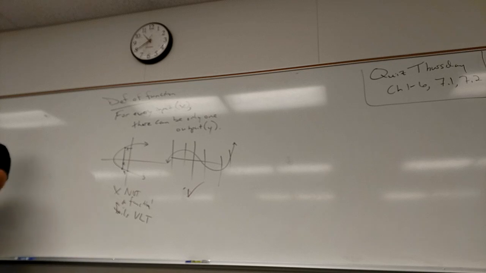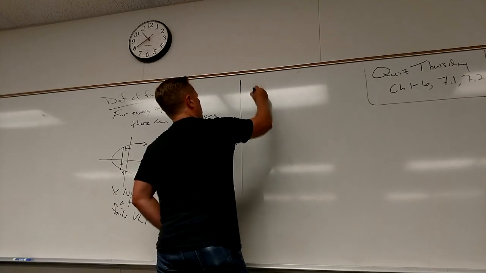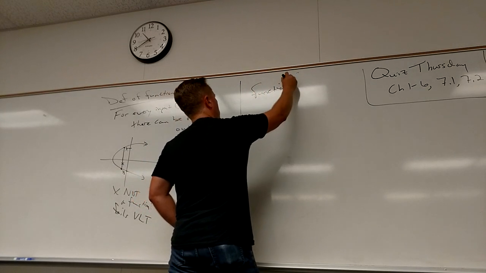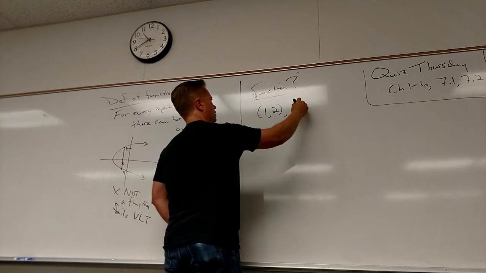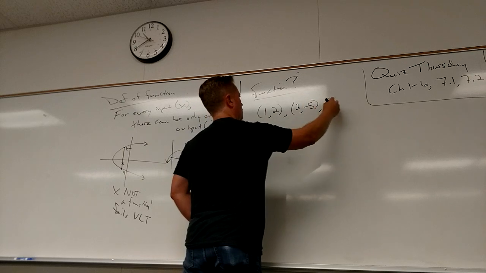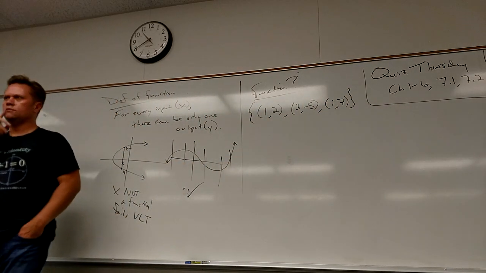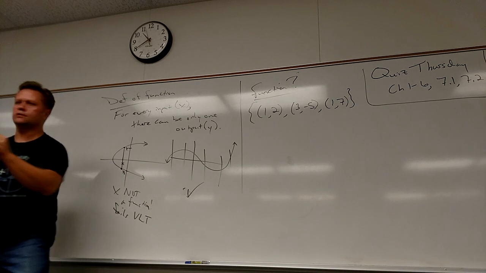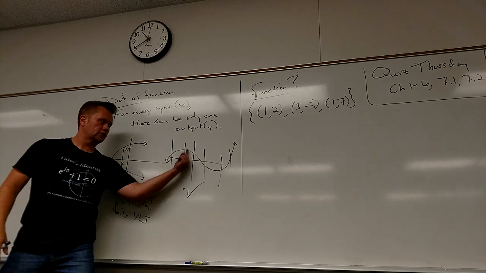All right, maybe. Also, if I gave it to you like this, for example, if I said, here's a function, or is this a function? Does this represent a function? No. And in fact, isn't this graph a collection of points?